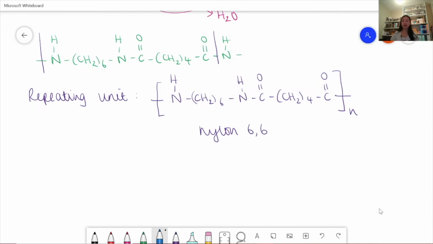So one thing to note about nylon 6,6 is that in the lab the reaction goes much faster if we use a diacid chloride or a diacyl chloride instead. However, HCl is the small molecule which is liberated, so we get NH2 and then CH2 6 and then NH2 again, and then we have this diacyl chloride instead of the dicarboxylic acid.